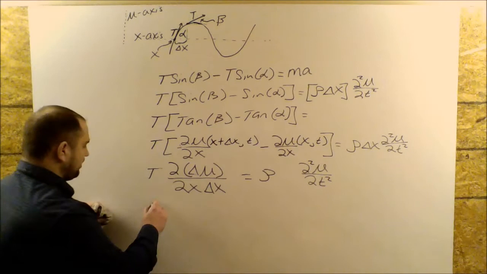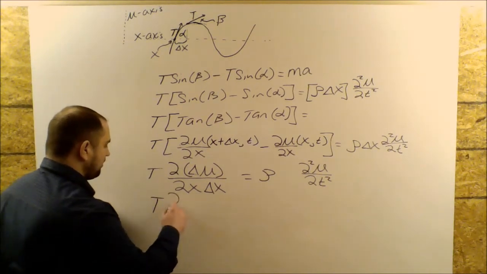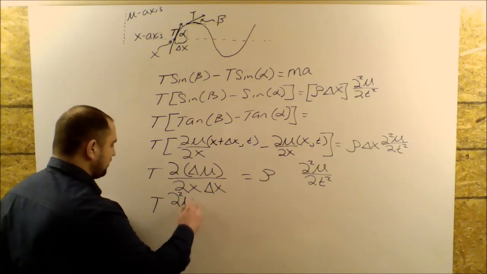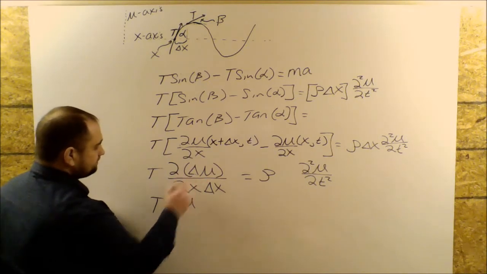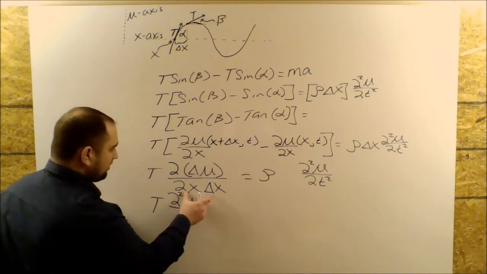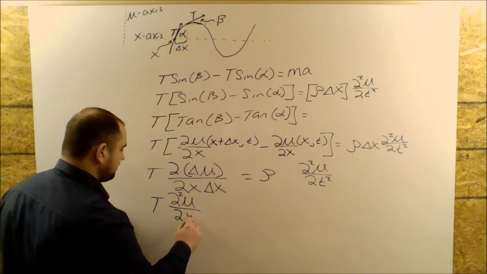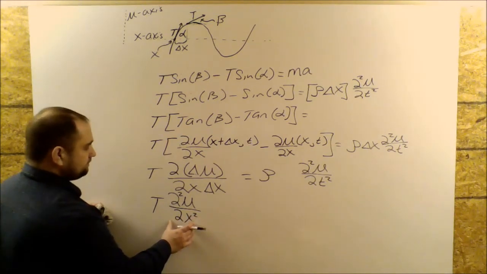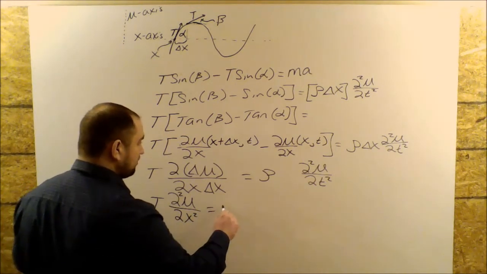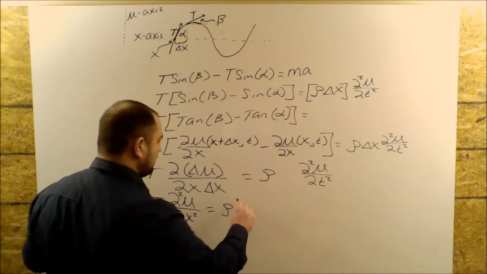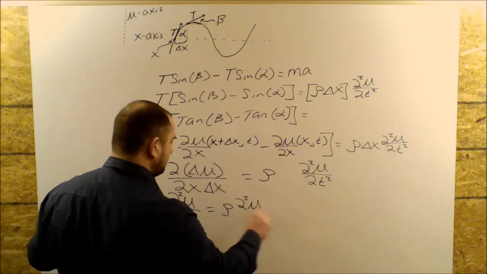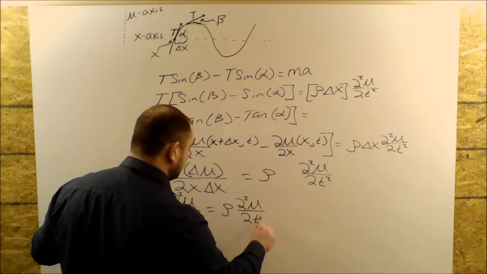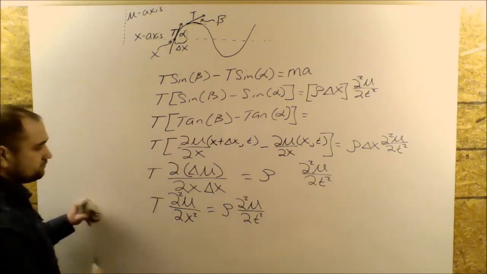So I'm left with T partial squared u up at the top over partial x squared down at the bottom, and that is equal to rho partial squared u over partial t squared.